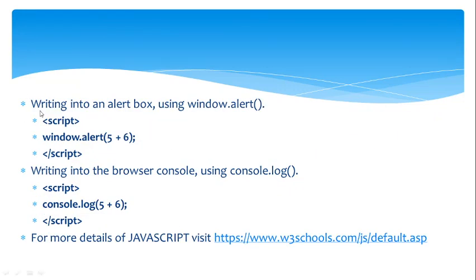The third one is writing into an alert box. We will get the alert box on the screen, like your username and password will be displayed at the top, and you press OK. We have done this example in lecture 2, so you can go and watch the video.